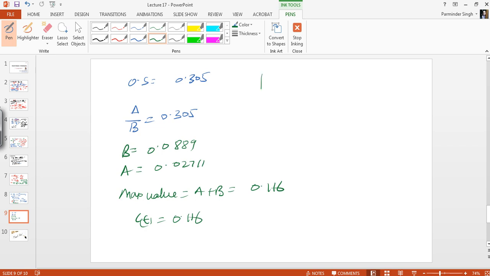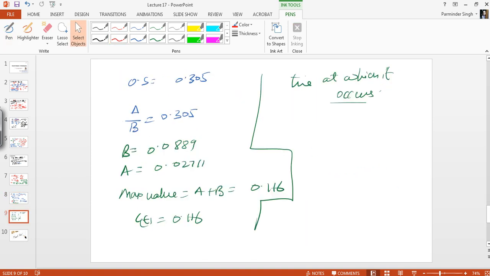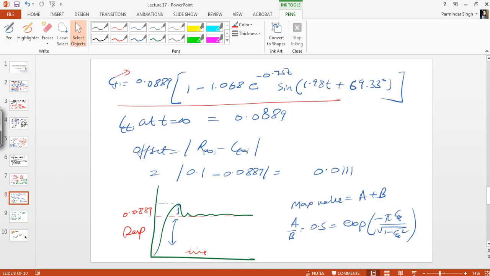Now, the time at which it occurs: for that we have the expression for C(t), that is this. In this expression, put C(t) as 0.116. By iterating different values of t, you get the left hand side equal to the right hand side.